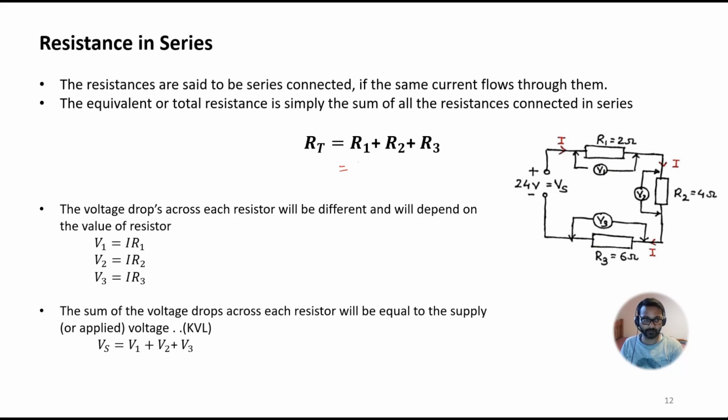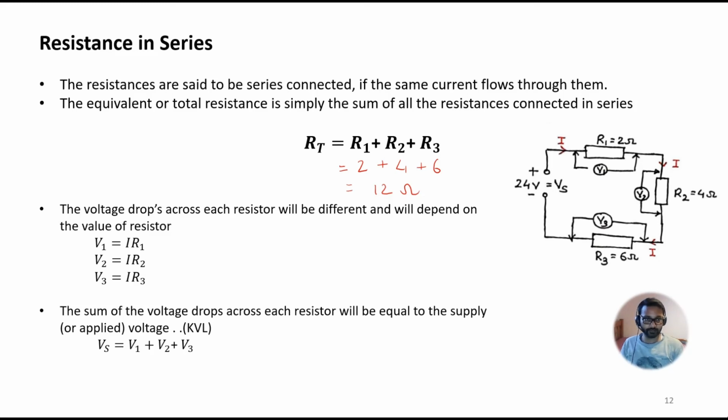So let's write it down: 2 ohms plus 4 ohms plus 6 ohms. Altogether, you would get 6 and 4, 10 and 2, 12 ohms. So the total resistance of the circuit, or the equivalent resistance of this circuit, will be 12 ohms.